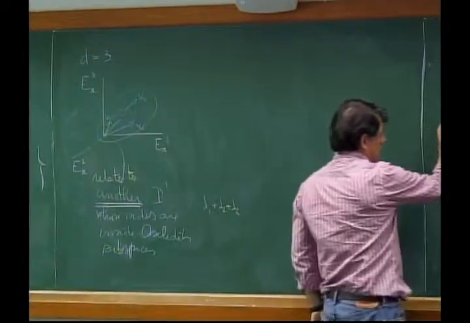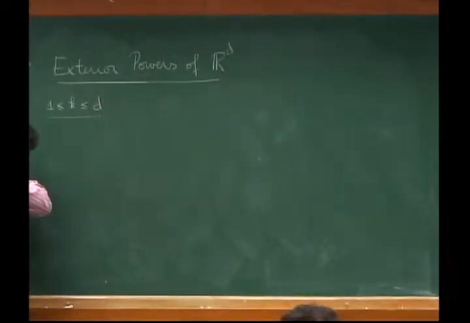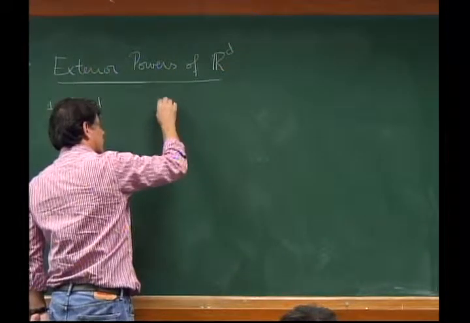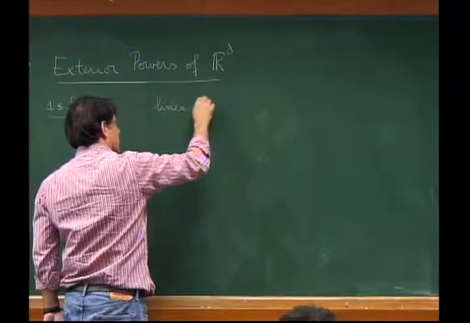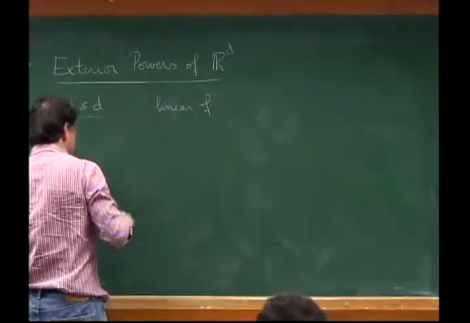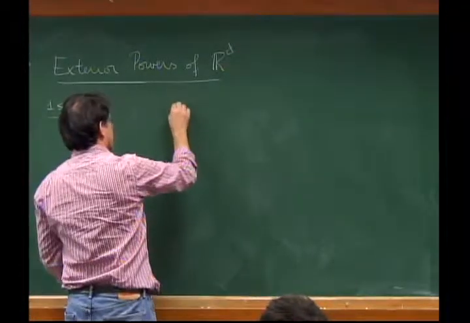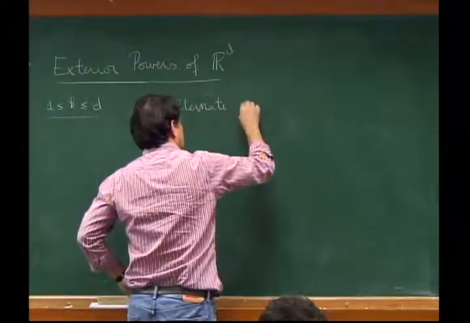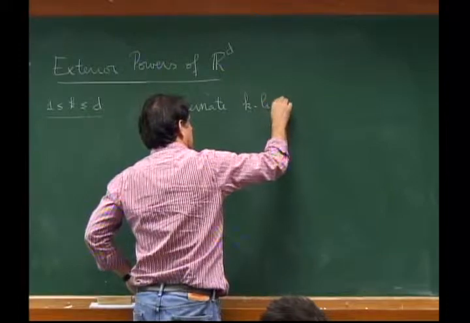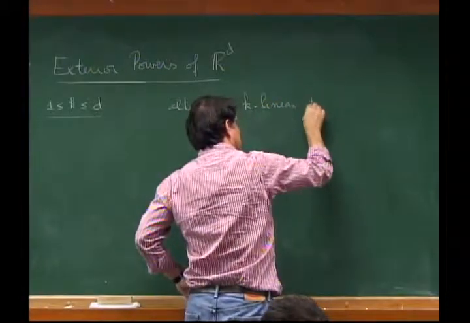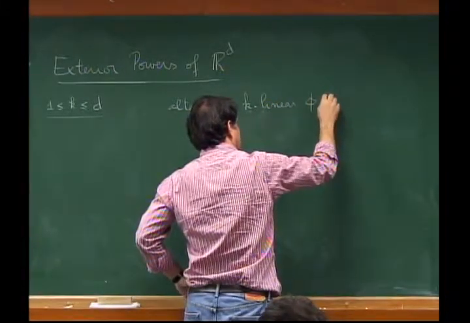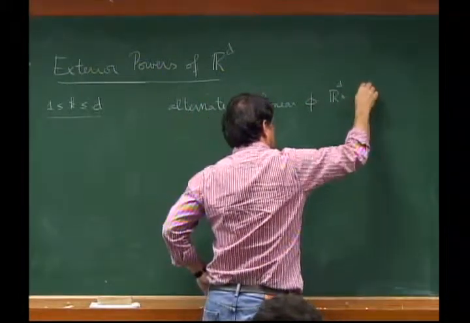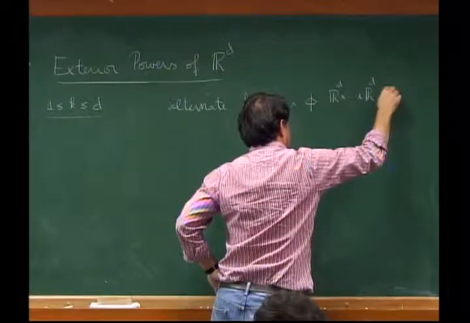You take and you consider linear forms, linear functionals, alternating k-linear maps phi from R^d, k times, to R.